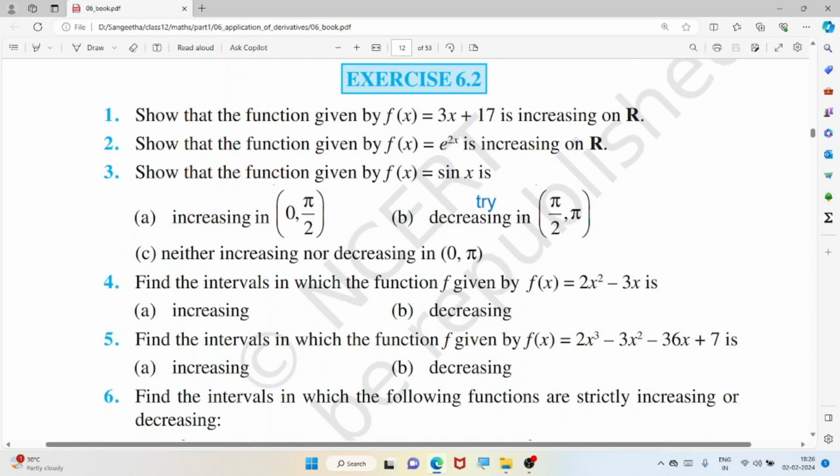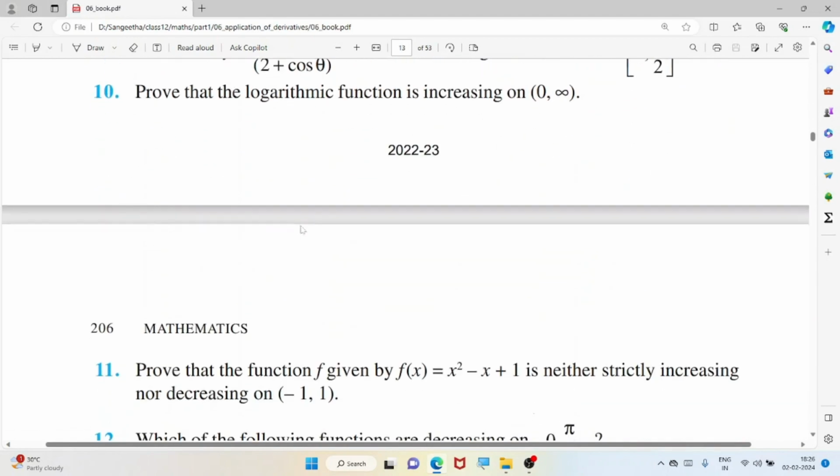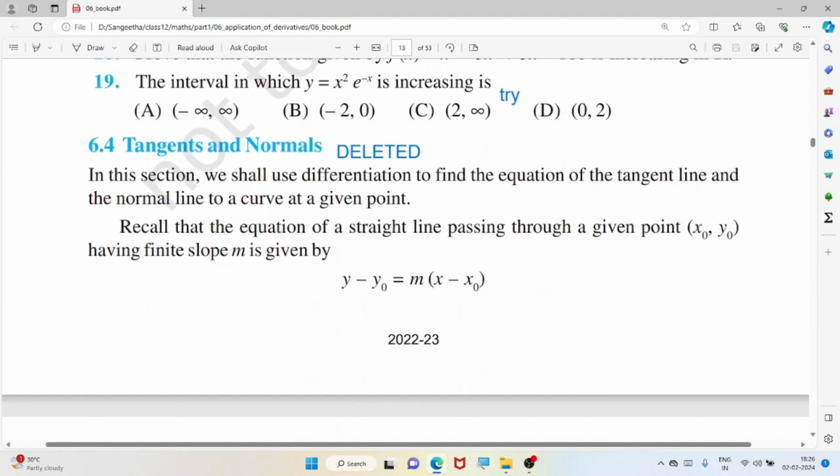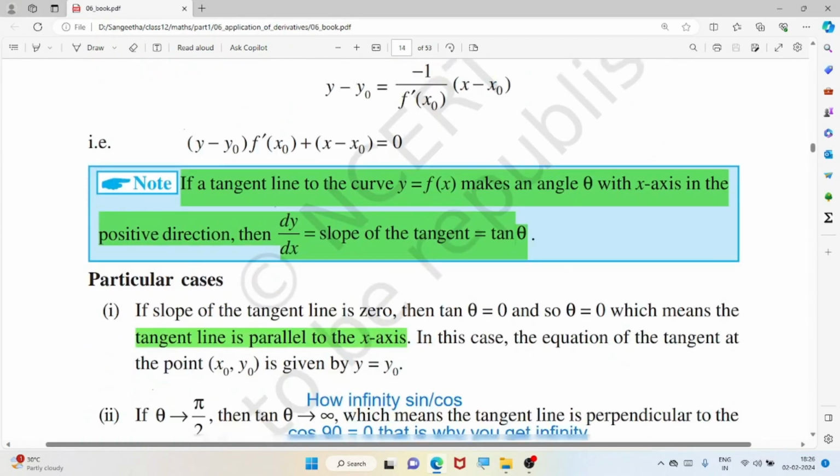This exercise you try some of the problems again. This portion, tangents and normals, is deleted.